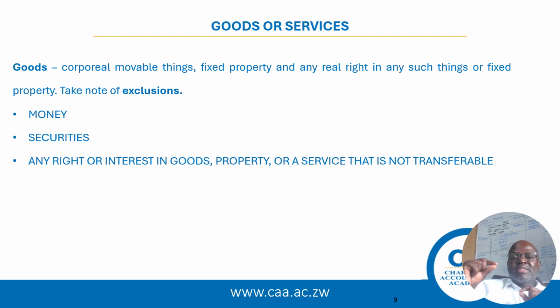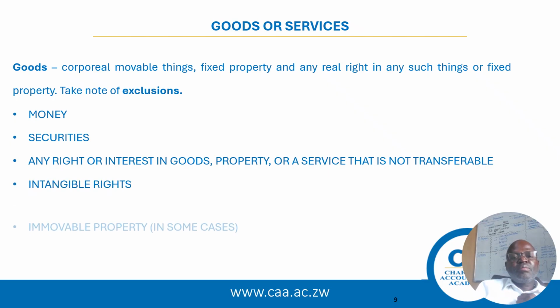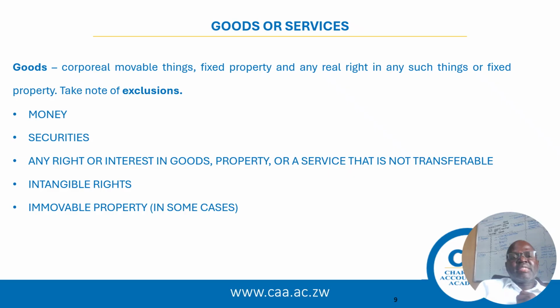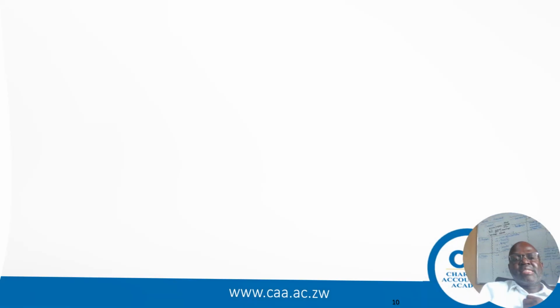So to know whether these items are goods or services is going to be very important in classification of the supply. So as a candidate, you need to be reading that list of goods and services, or exceptions to those goods and services.